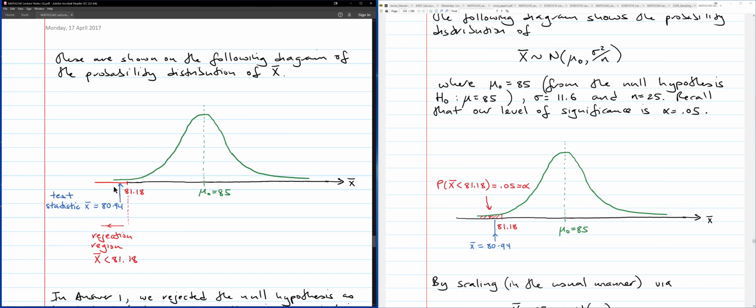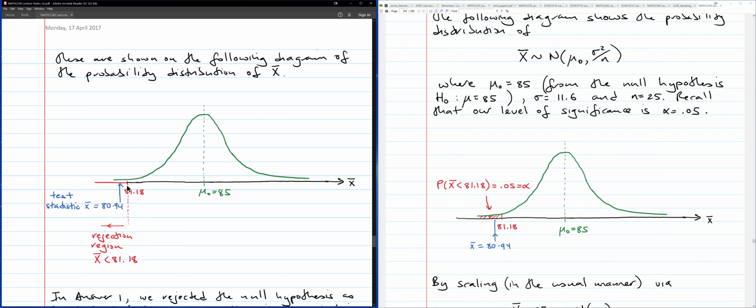Okay, so what that implies is that if you have this assumption that mu 0 is equal to 85, you do your experiment and you get a value over here that's so far from mu 0 equal to 85, what that means is that this assumption is wrong in the first place, right?